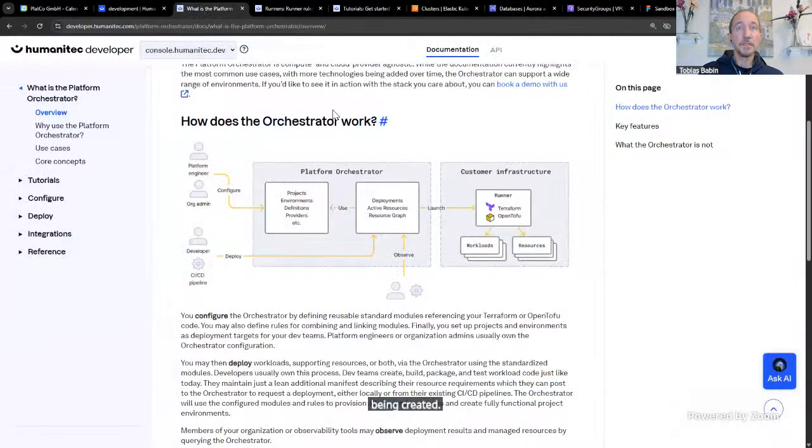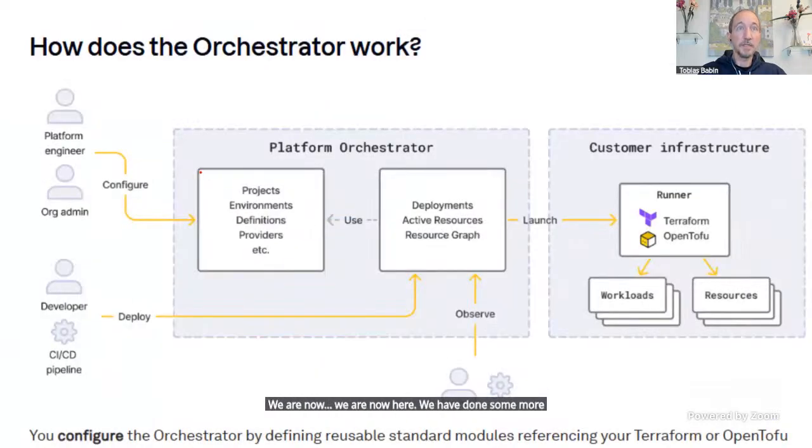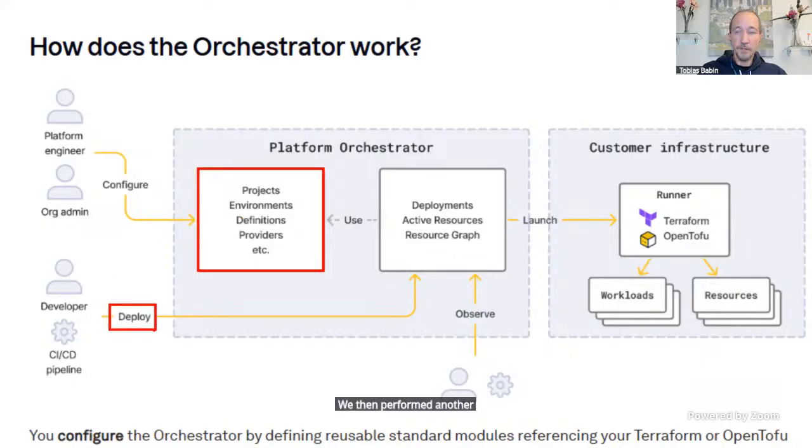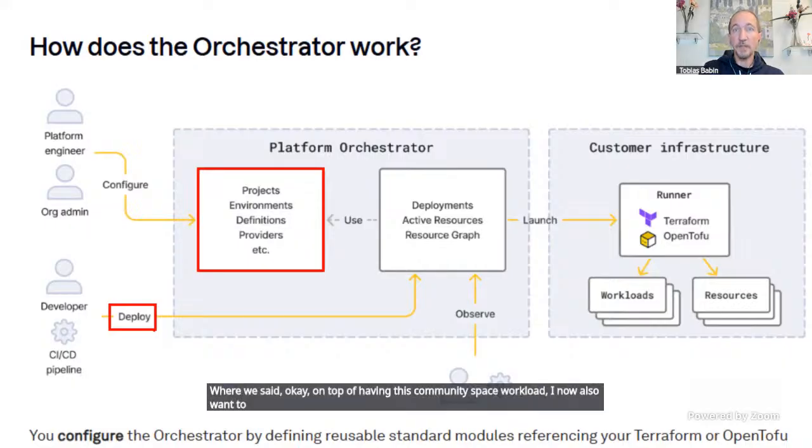So again, we are now here. We have done some more instructing by adding the module for the database, so we added to this configuration estate of the orchestrator. We then performed another deploy with an extended manifest where we said, okay, on top of having this Kubernetes-based workload, I now also want to have a Postgres database.